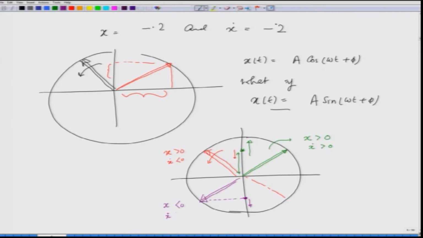So, x dot would also be less than 0, and in the fourth quadrant, which I will make with black, here x is less than 0, but x dot is greater than 0, because this point would be moving up. So, you can work that out for these conditions that I have stated.